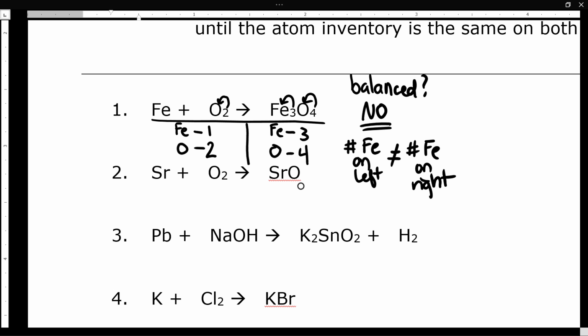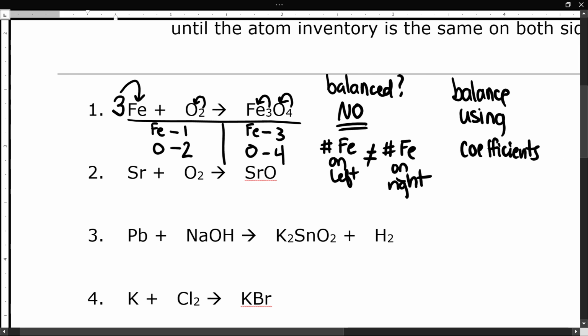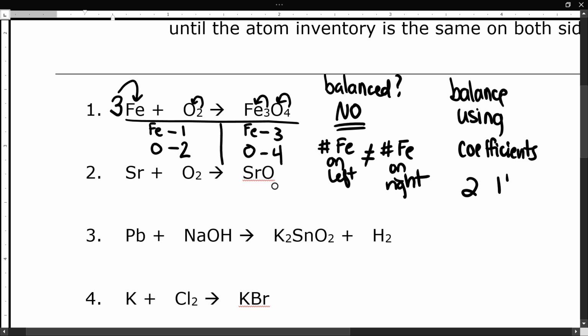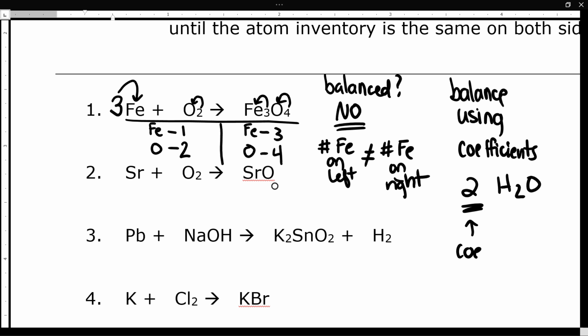So I can stick a coefficient out in front, and that means you have 3 of whatever follows it. When I'm balancing, I can only add coefficients. Again, the coefficients are the number that comes out in front. Like if I were to have 2 water molecules, this number right here is what we call a coefficient.